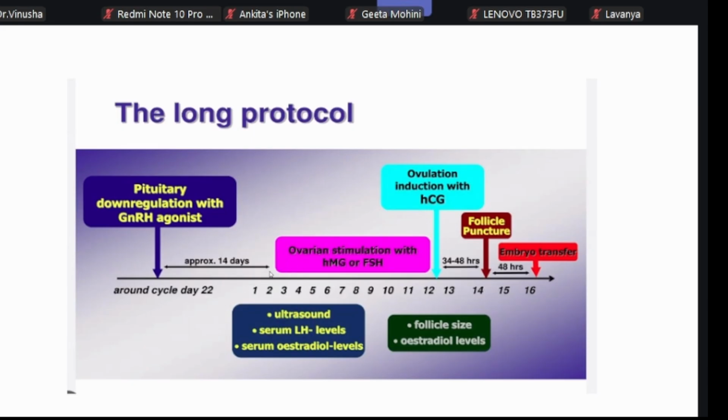On day 1 or day 2 of the cycle, we confirm down regulation. We check the E2, estrogen and progesterone values. After confirming down regulation, we start with the gonadotropins, and we reduce the dose of agonist by half from day 2 or day 3 of the cycle, and continue the same dose of agonist till trigger. So this is how we do the long protocol.